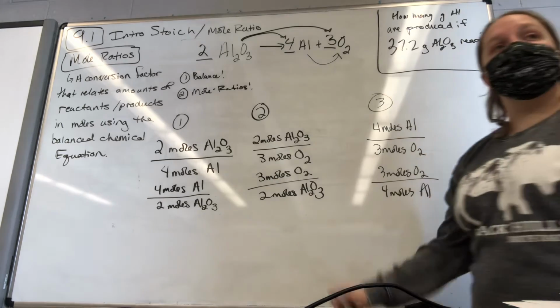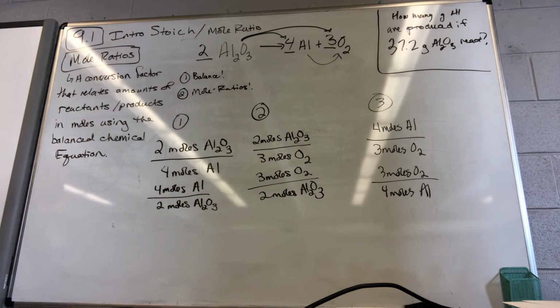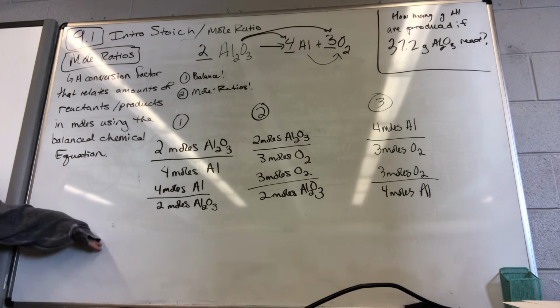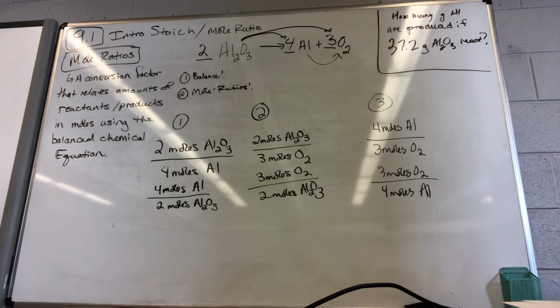How many grams of something is produced if we start with grams of something else? And we're working on that middle step in all of those different types, where it said you need a mole ratio, because we already know how to calculate molar masses. Eventually what we're working towards is what we call unit analysis. So we're going to set this up so that things cancel and leave behind only what we want.